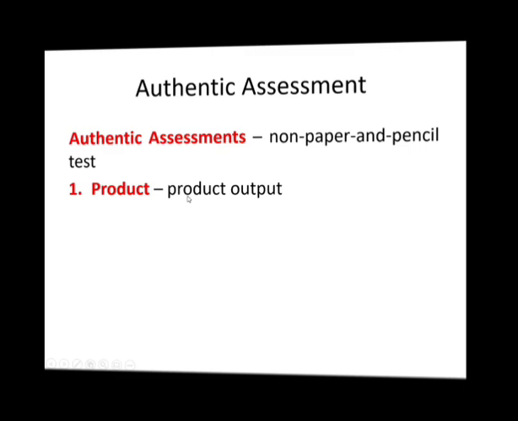Authentic assessments are expecting that students will give either a product output or a performance task as evidence that they have learned. And this is somehow connected to the concept of learning outcome.